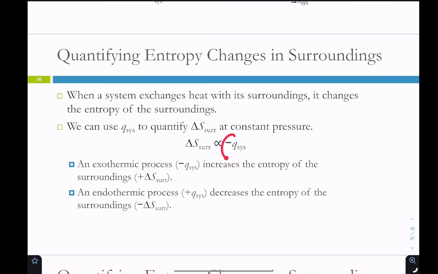And since negative Q is heat being lost by the system, negative Q is proportional to delta S. So for exothermic processes, we're going to increase the entropy of the surroundings. And for endothermic processes, where Q is positive, it'll decrease the entropy of the surroundings.